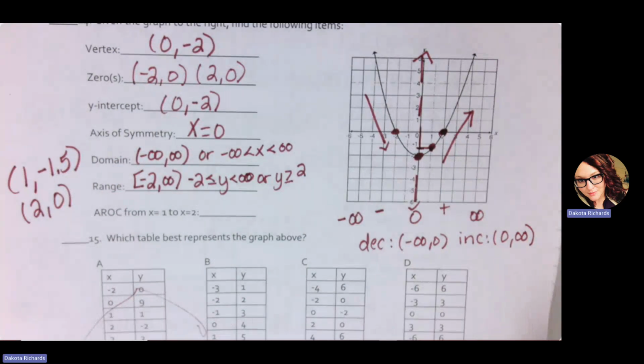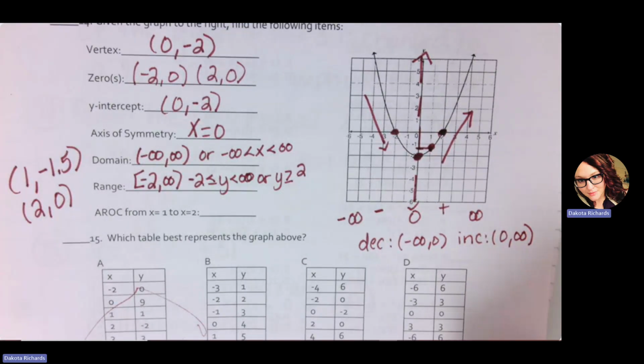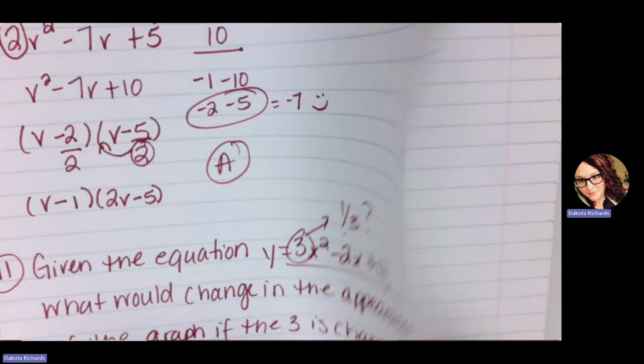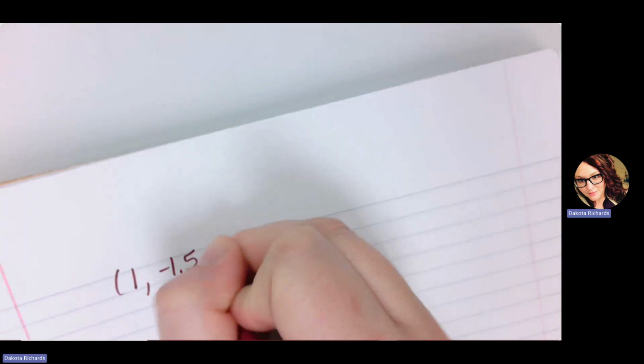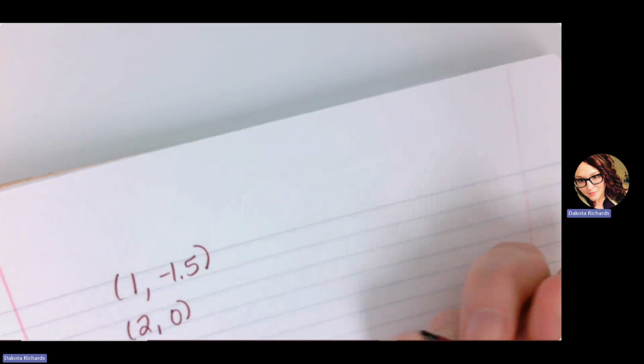So you have these 2 points, and you have to come up with the average rate of change. So you have to use the slope formula. So I'm going to do this on a piece of paper. So once you get your 2 points, we've got 1, -1.5, and we've got 2, 0. Those are our points.